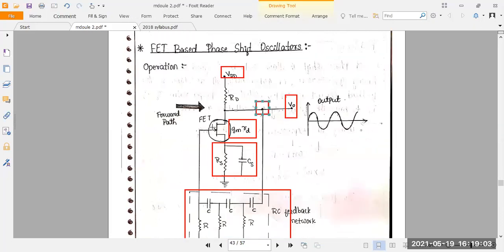Next, the output of the amplifier. What we take with the FET here is the complete amplifier. This is the inverting amplifier.